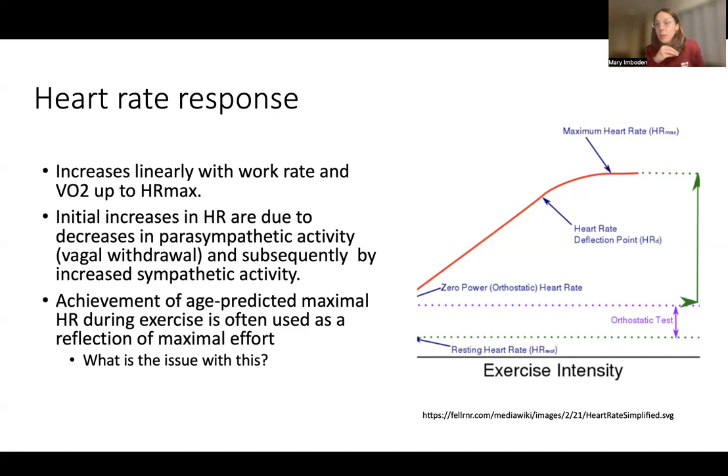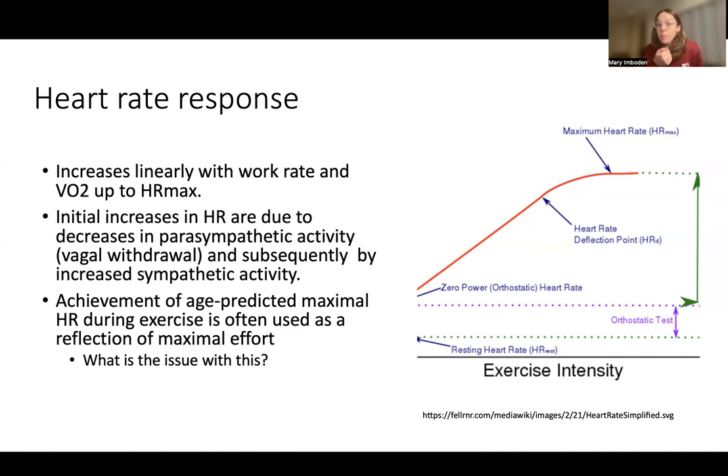This is thought to be vagal withdrawal, and that happens up until about 100 to 110 beats per minute. During rest, you are under parasympathetic activity and your heart rate is brought down. That withdrawal then brings your heart rate up, and up until about 100 beats per minute, that is what is primarily driving that increase in heart rate.